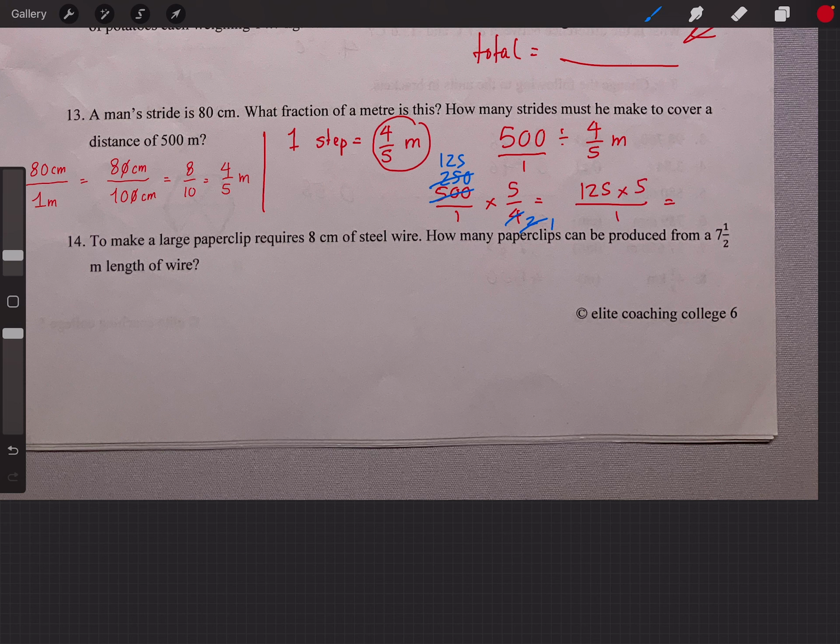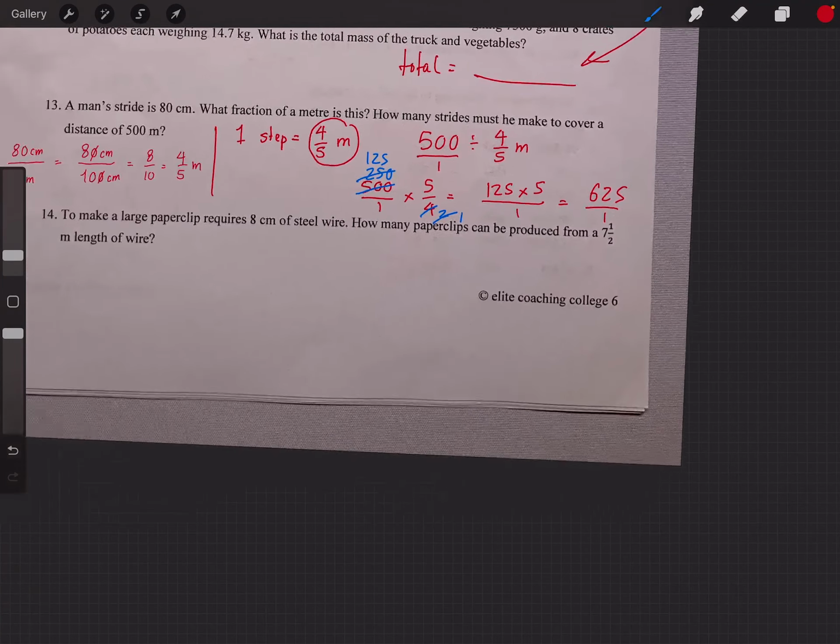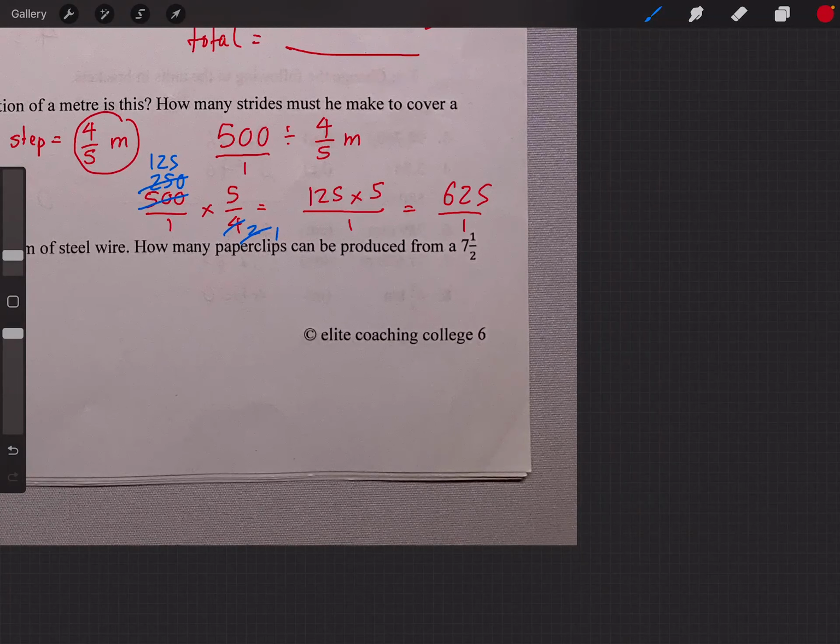And that should give us, let me double check what that is, it'll be 625. 625 over 1, which is a whole number because it's over 1. So therefore, how many strides? You're going to have 625 strides. We did a simple division and we got the answer.